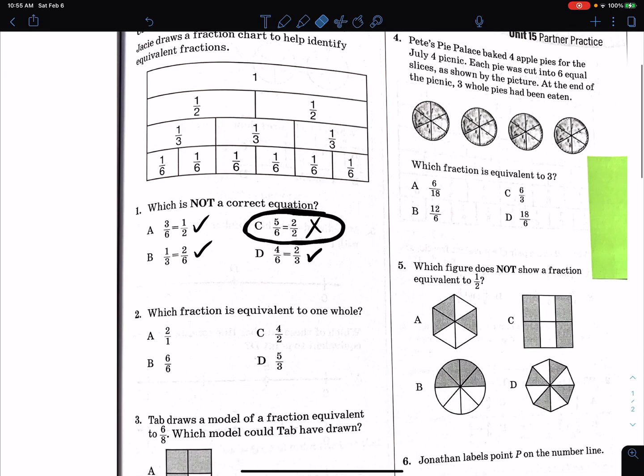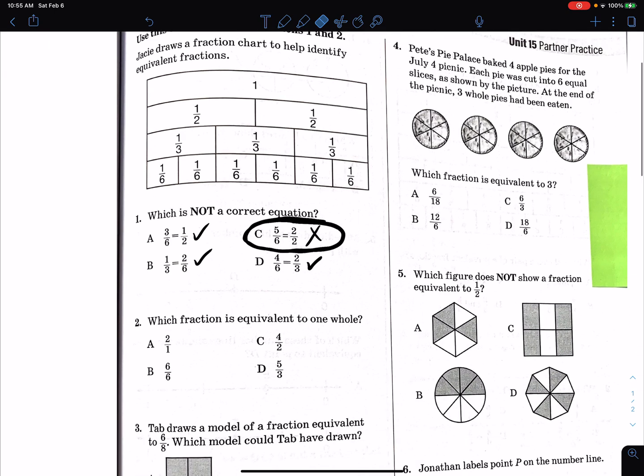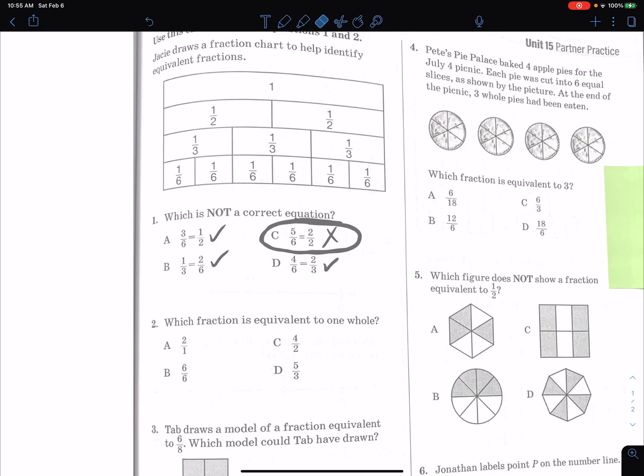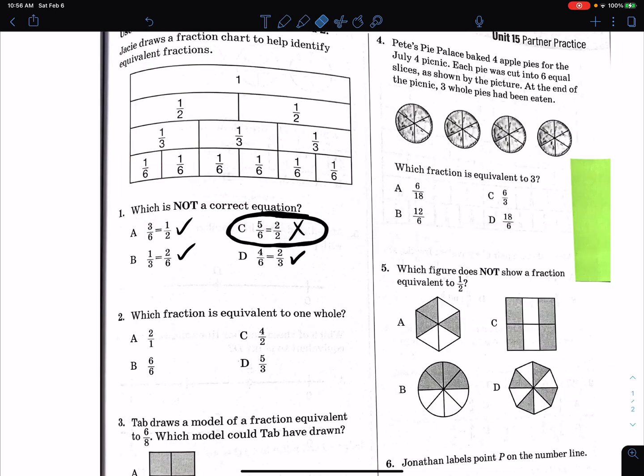All right, so let's look at number 2. Which fraction is equivalent to 1 whole? So you may be able, in looking at all 4 of these options, to pick it out. But just in case, let's draw. Let's use a diagram. So for letter A, I'm just going to use a circle.